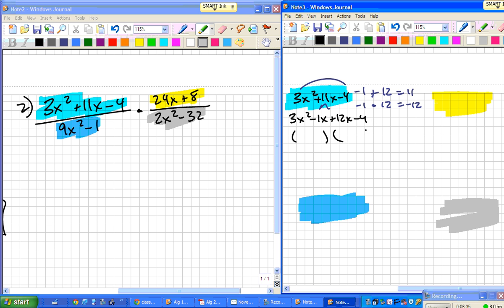And after you break that down however you want, we get 3x minus 1 and x plus 4. 24x plus 8, the GCF is 8, and you're left with 3x plus 1.